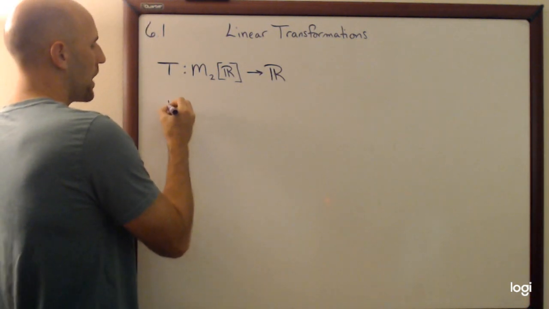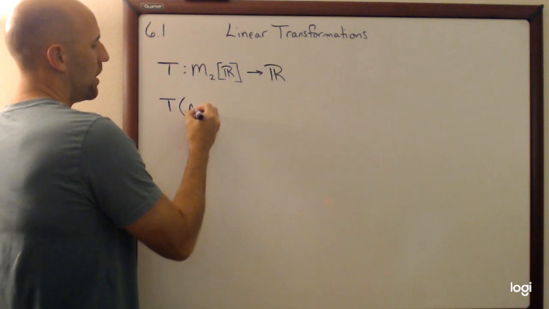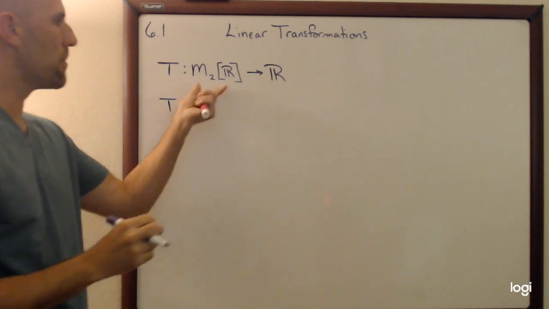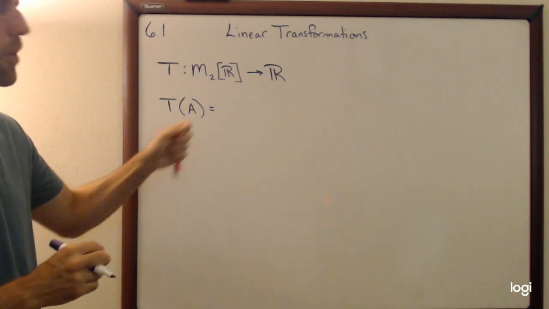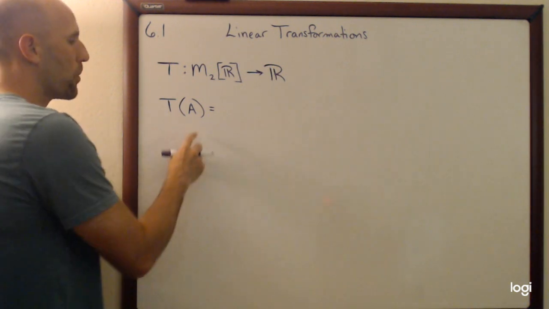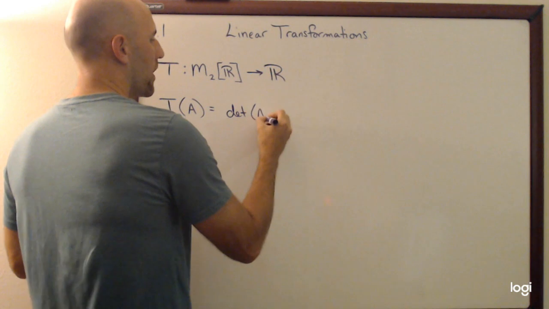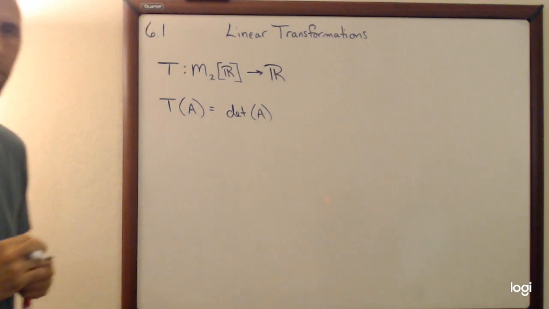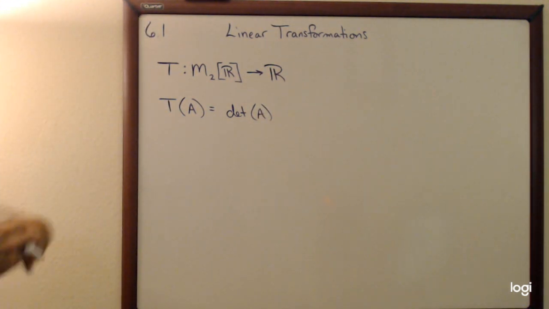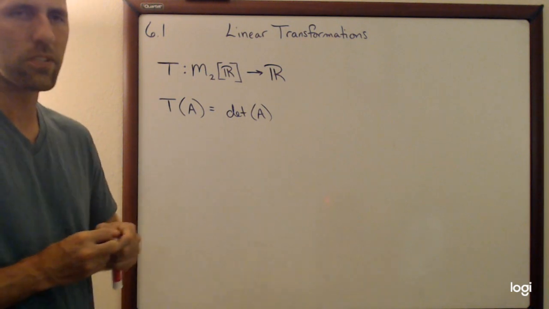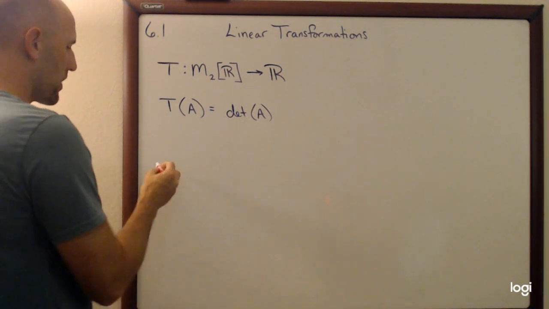And I'm going to define it in the following way. I'm going to say, okay, take some matrix in M2R, I'm going to call that matrix A, and we're going to map A to the determinant of A. Okay, and we can play around with this, maybe plug some stuff in. Let's see where stuff goes.